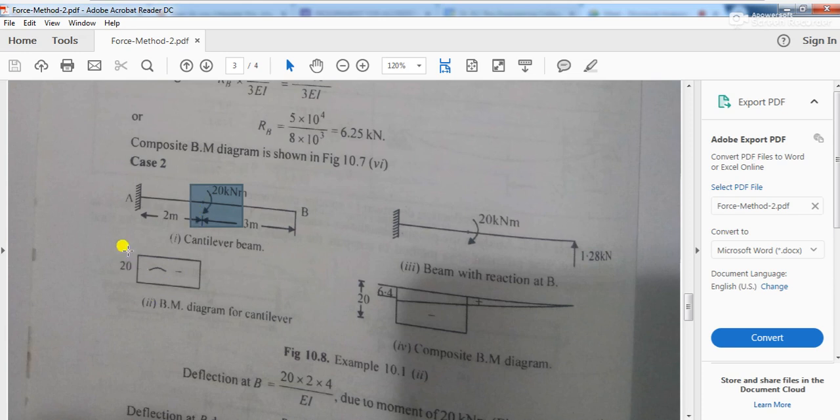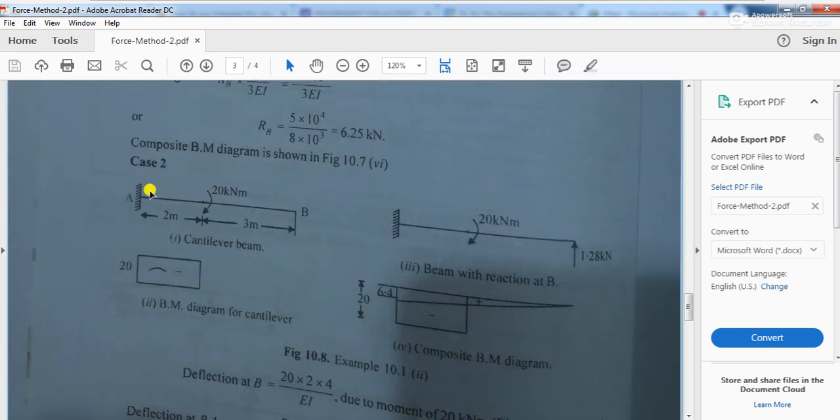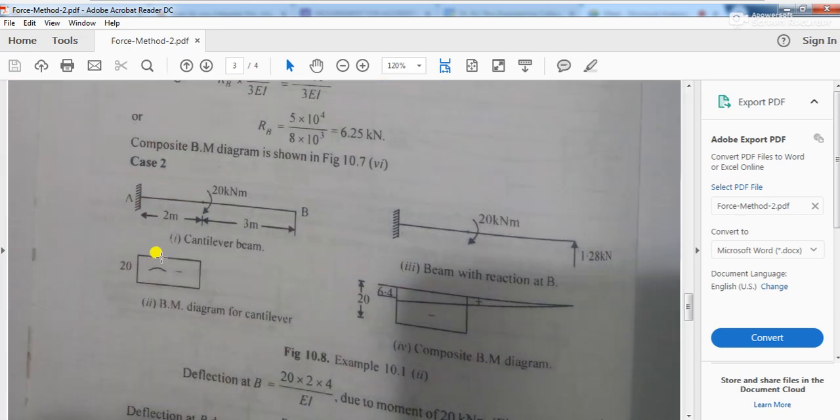That is going to give you a negative bending moment, something like this, because this 20 kilonewton meter moment will be resisted by this support in the other direction, in the reverse way. So that is going to create a hogging moment, and hogging moment means negative moment. So you are going to get a negative bending moment diagram, something like a rectangular diagram for this portion.